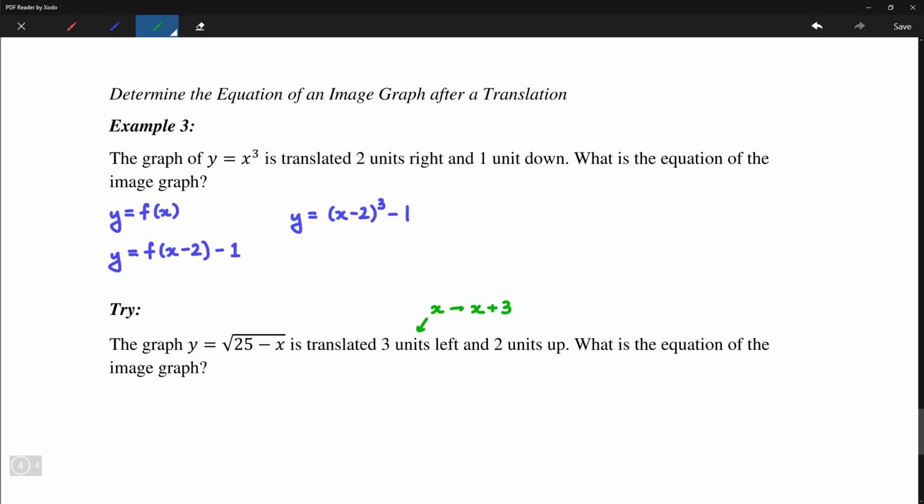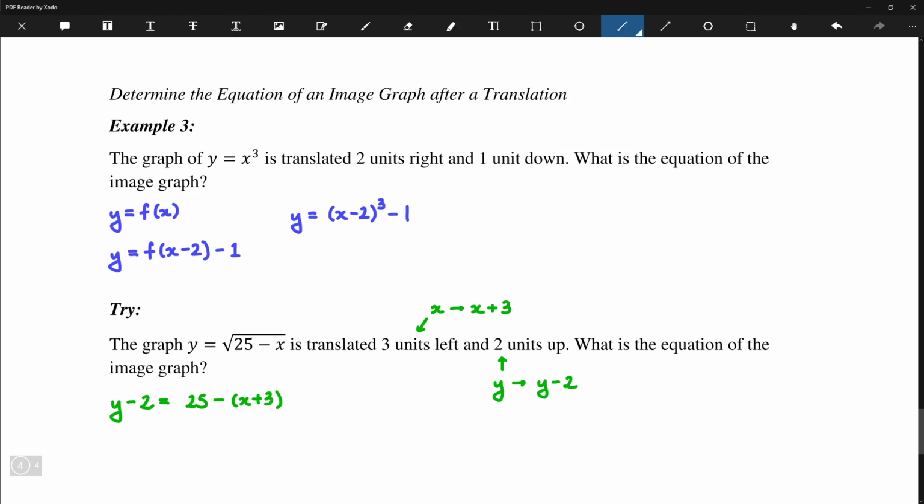And here, we're replacing y with y minus 2. So instead of y, we have y minus 2. And then we have the 25, and instead of minus x, we have minus (x plus 3) because of the replacement.